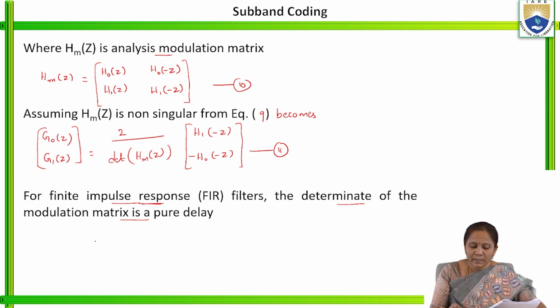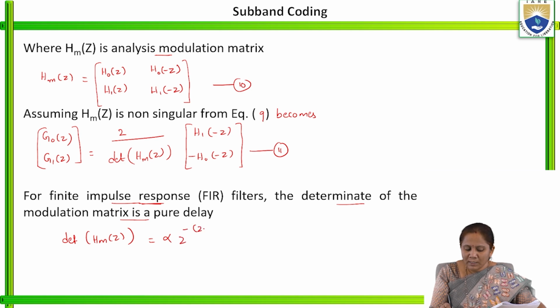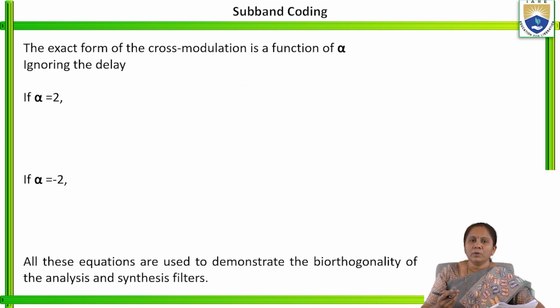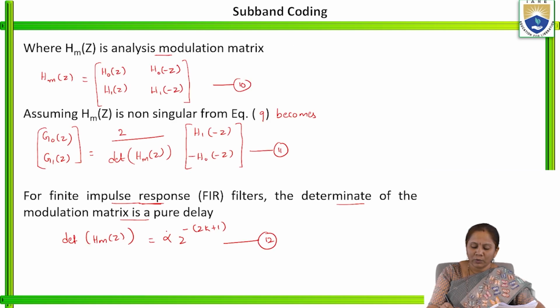Considering this pure delay, the determinant can be represented as det of HM of Z is equal to alpha Z power minus K plus 1. So the determinant value of HM of Z is represented in terms of delay, that is alpha, and we have made that equation 12. Now consider different values of alpha. So here there is a delay. Let us consider different values of alpha.